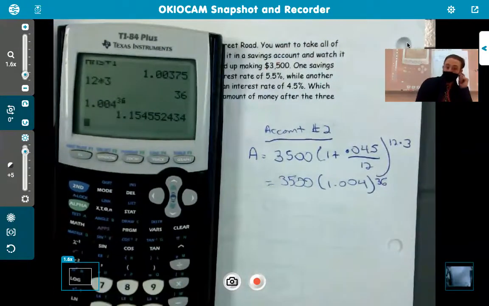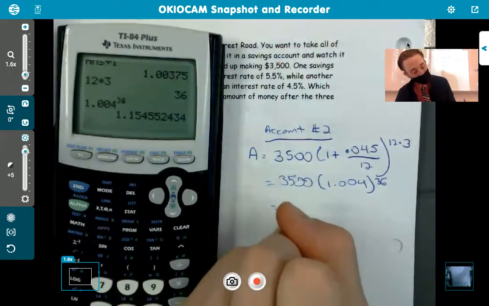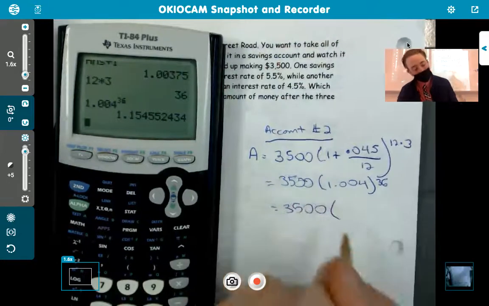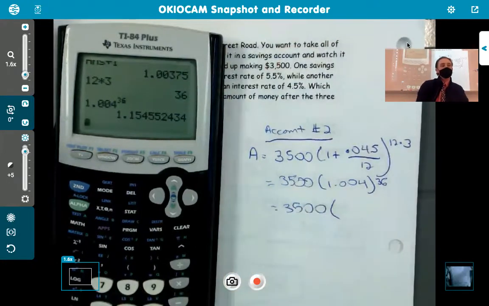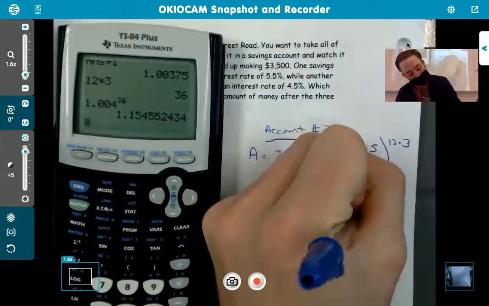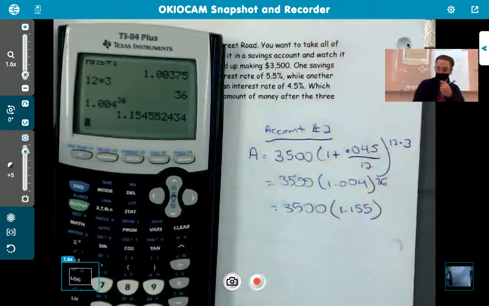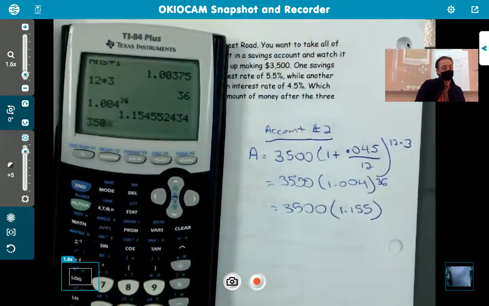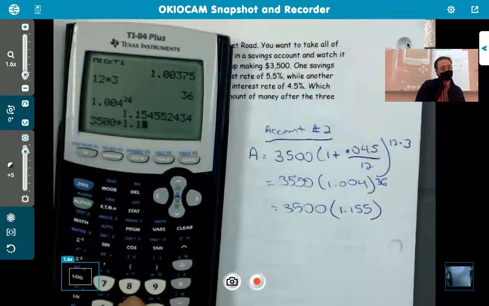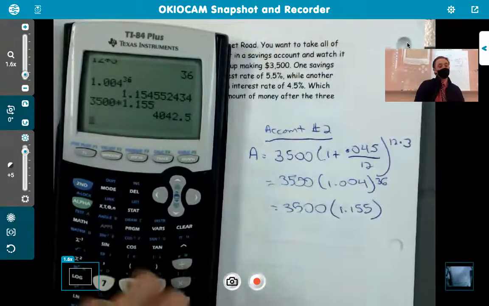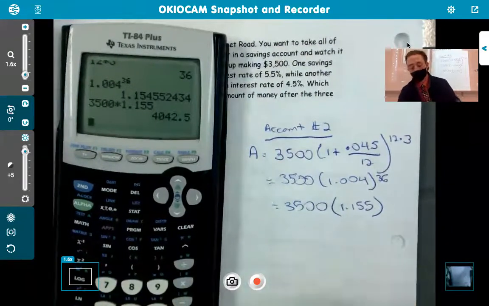I get 1.154552434. If I'm rounding that to the nearest thousandth, what's going to be my value there? 1.155. And when I plug that in, I get $4,042.50.